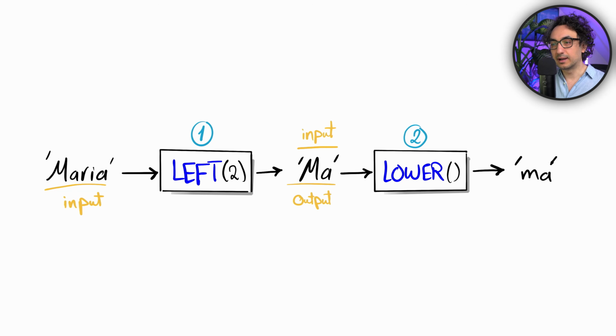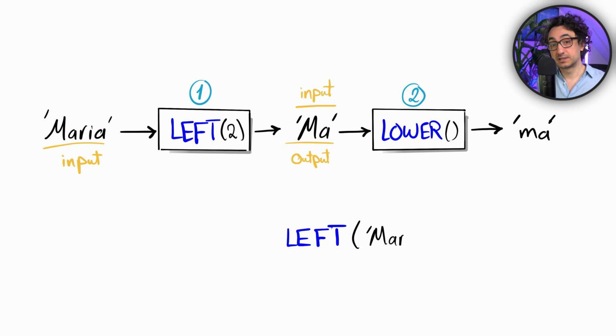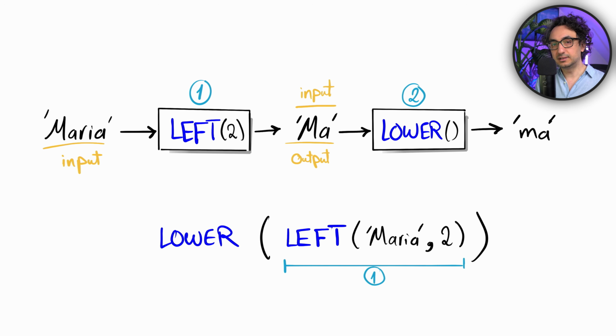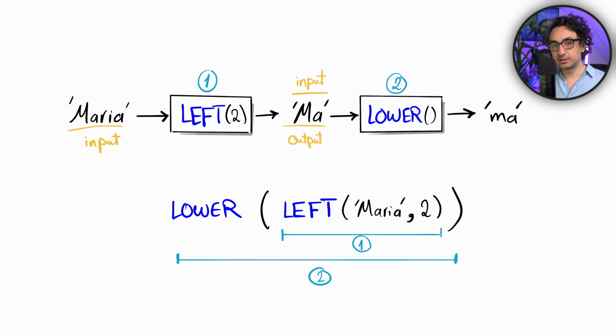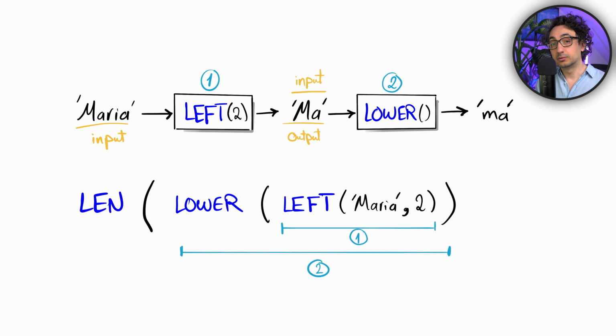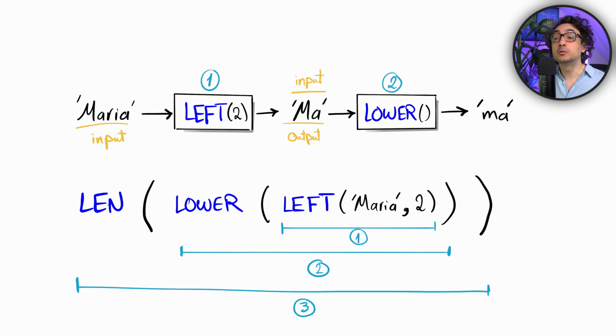So now how are we going to build that? The first step is to start with the first function. So this is simply one function. For the next step, on the left side, you write LOWER and put the whole thing in parentheses. So now the first function is inside another function, and with that you have nested one function in another. And of course, if you need a third function, for example LENGTH, you put the whole thing again between two parentheses.